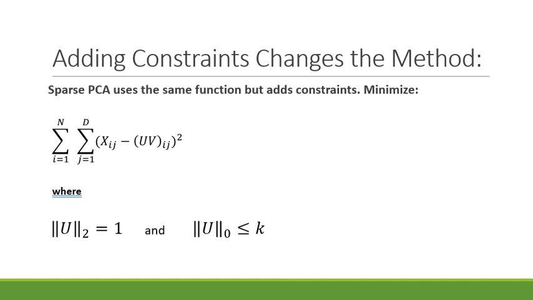Sparse PCA basically constrains how many archetypes you use, which makes the process more manageable when you're working in many dimensions. The first constraint we are working with is unit vectors, and the second represents the norm of U, which is defined as its number of non-zero components. The optimal value is known as the k-sparse largest eigenvalue.